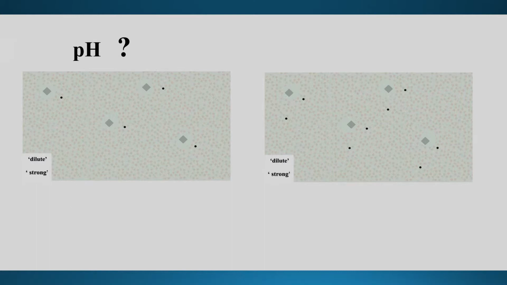The reason: this one is a monoprotic. Each acid molecule gives 1 H+. And this one is a diprotic.